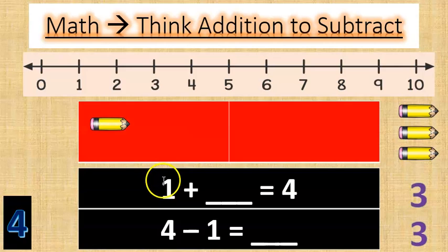Now, we're going to use the number line now. You're going to find number 1 on the number line, which is here. Okay? And remember, you found 1, you're going to look right here now. What is this number? 4. Good job.